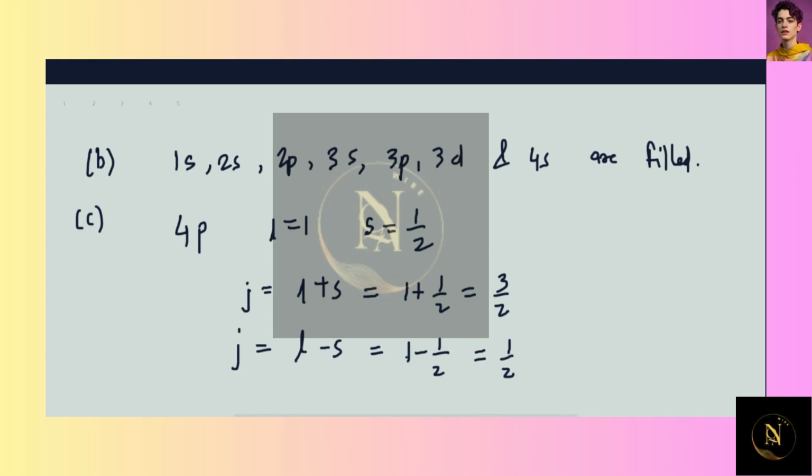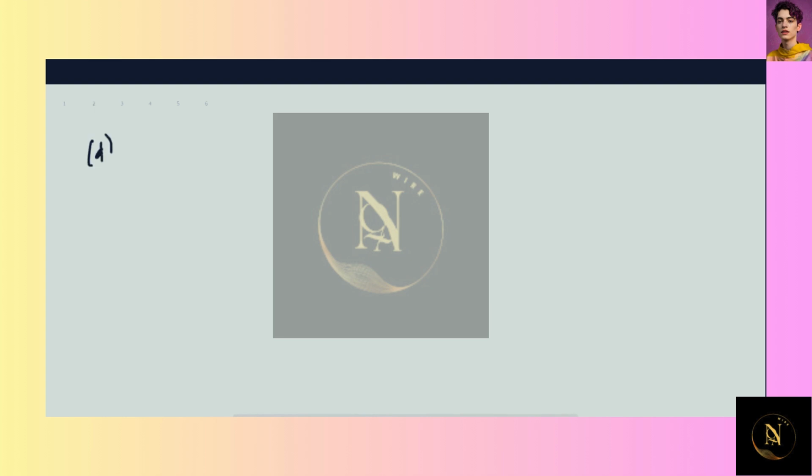We move on to the next part, part D. Now we have been asked to explain why the angular momentum of this electron also represents the total angular momentum of the entire atom. Now whenever any subshell is filled, a filled subshell corresponds to 0 angular momentum for that subshell.